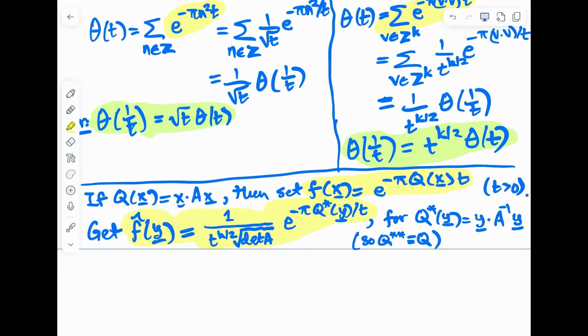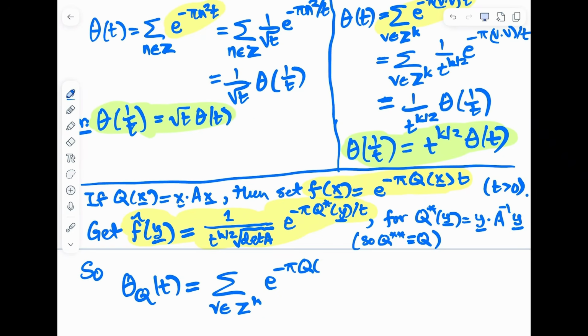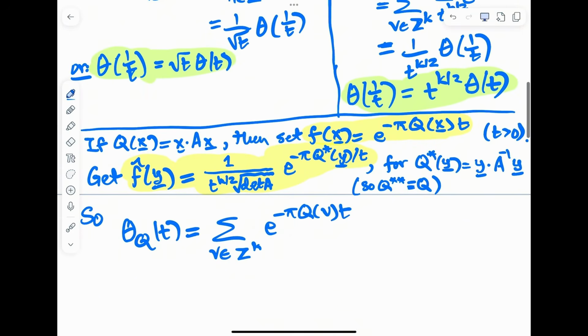So what is the theta function of the quadratic form? You're summing over z to the k of e to the minus pi times your quadratic form at those vectors times t.